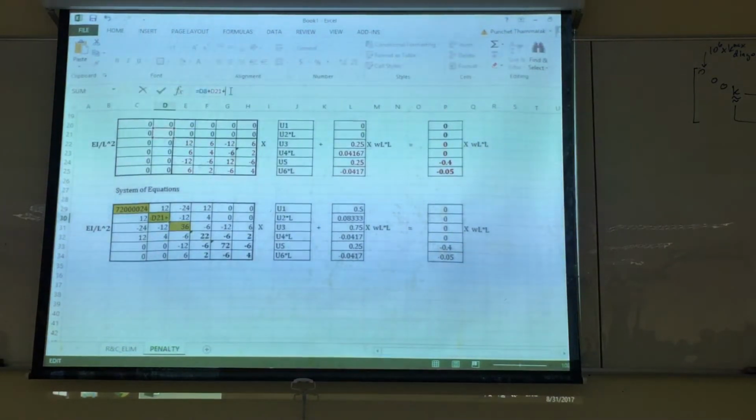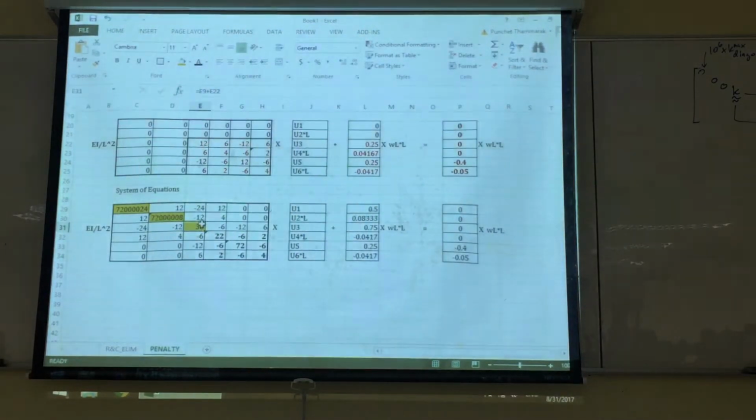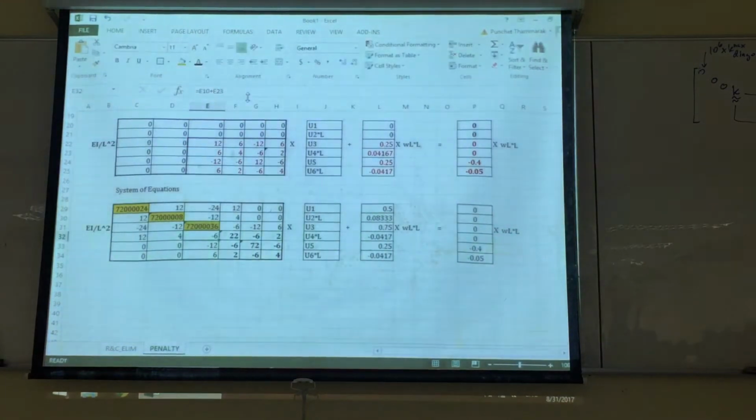And then add it in. Okay. That will be it.